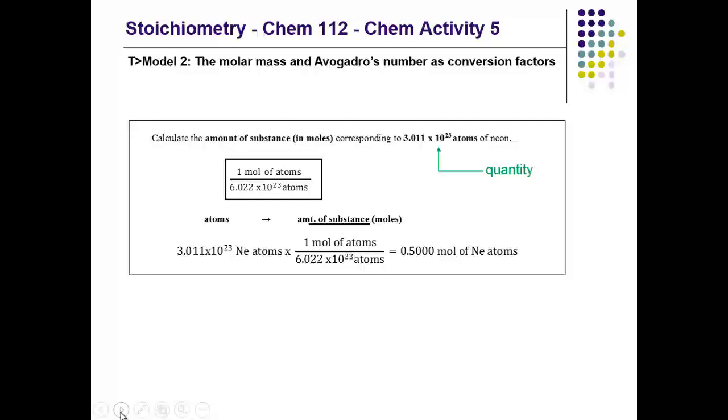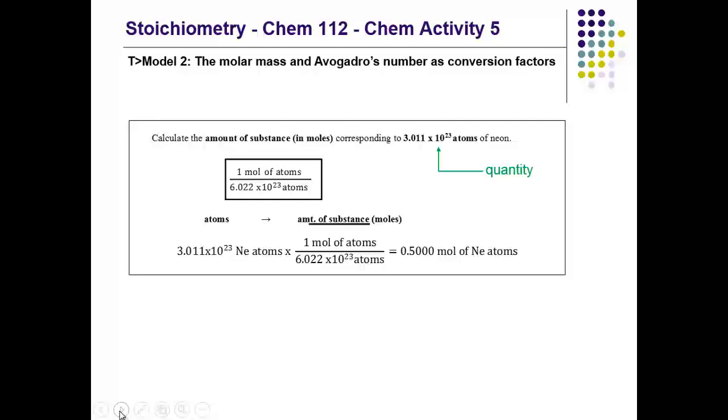So the quantity in this case happens to be the number of atoms of neon. We want to convert those number of atoms to the amount of substance. I make a unit plan and then identify the conversion factor that's necessary. Of course, in this conversion factor, in the numerator, it will be the mole of atoms. In the denominator, of course, it will be Avogadro's number.